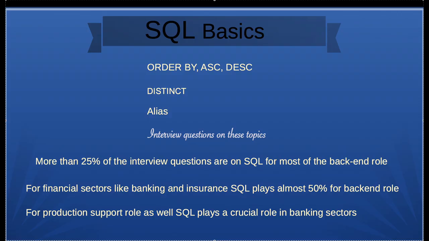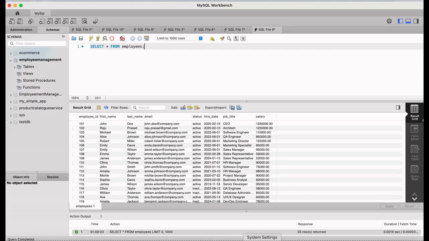So let's do some hands-on with this. ORDER BY, DISTINCT and alias. Let's begin. You have seen that I have created one table called employees and inserted records in it. If you haven't seen, please go and check my last video. I have shown all those things, including multi-line insert as well.